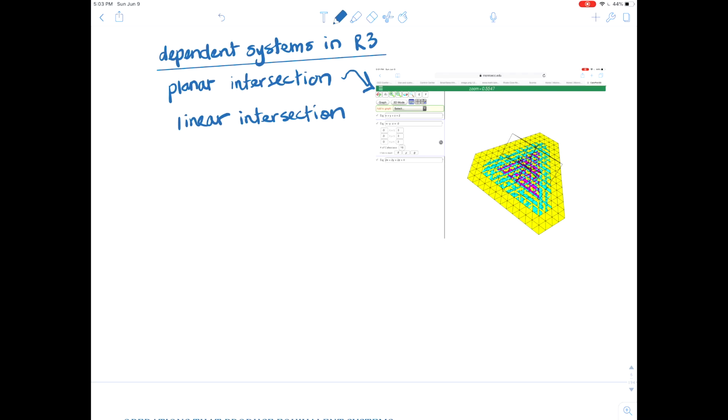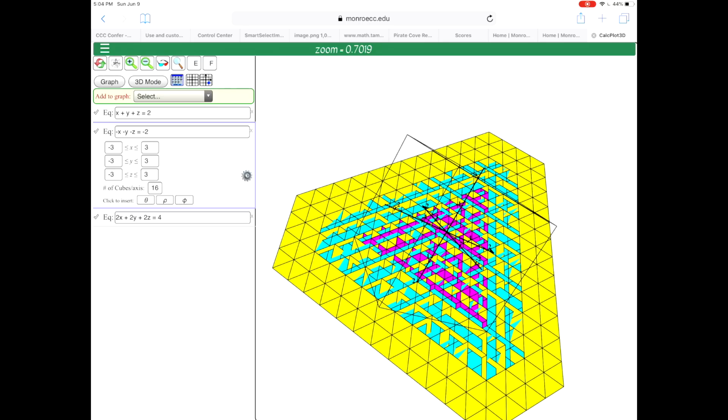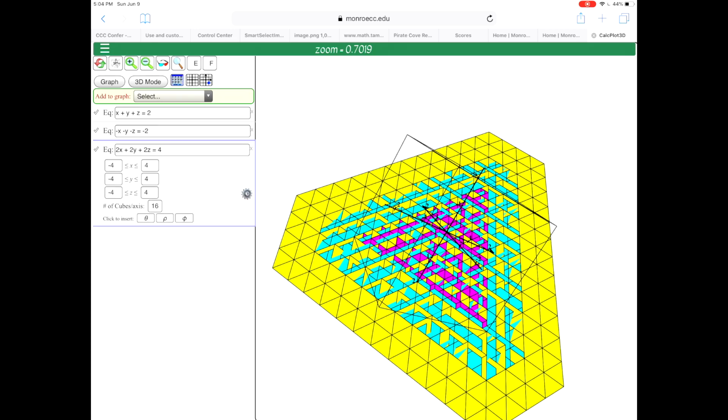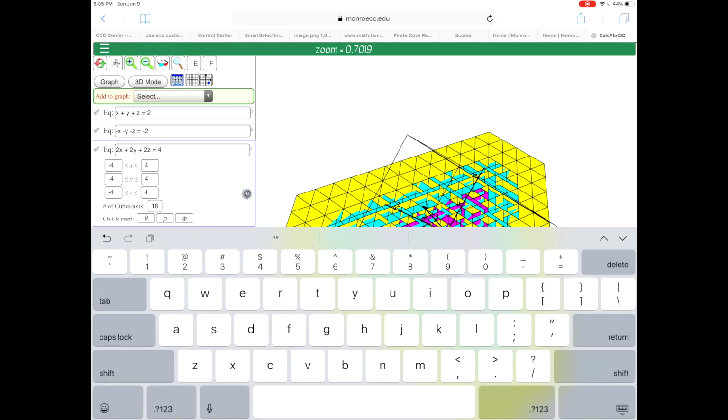What I'm going to do here is have 2 of them be coplanar, and then make sure that the other plane intersects these guys. So I'll keep the first 2 the same, and then the last one I'll just have be some other kind of random plane.